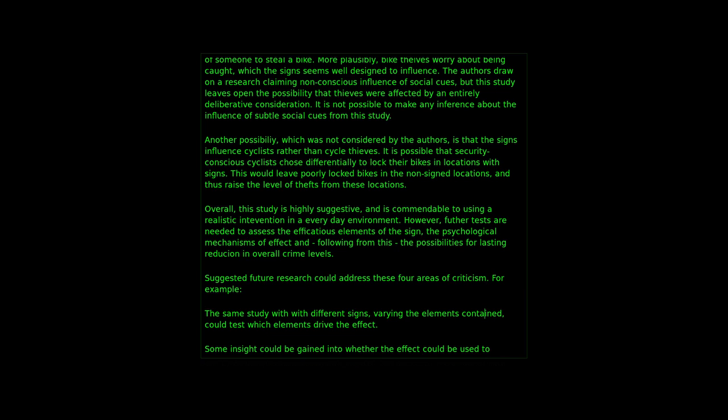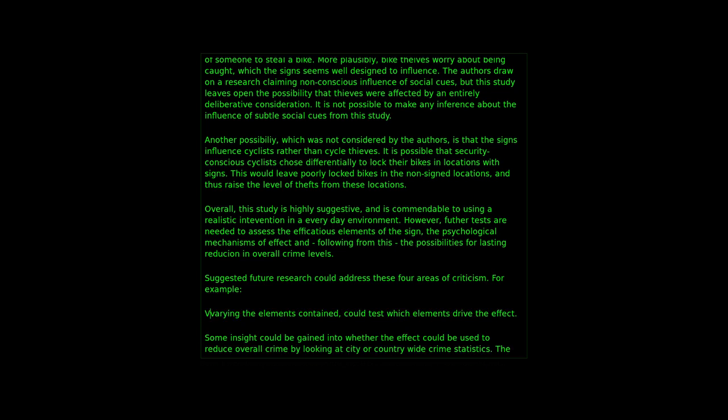For example, adding context of national crime statistics might inform whether this intervention could reduce crime.